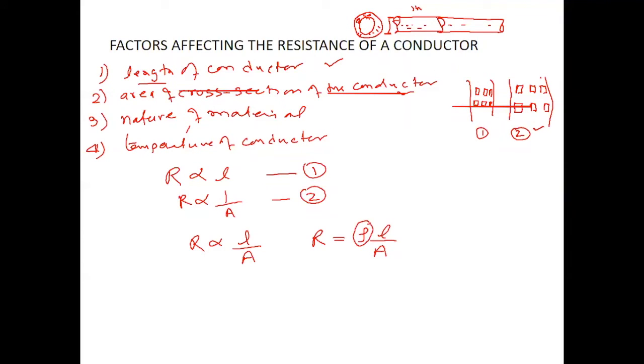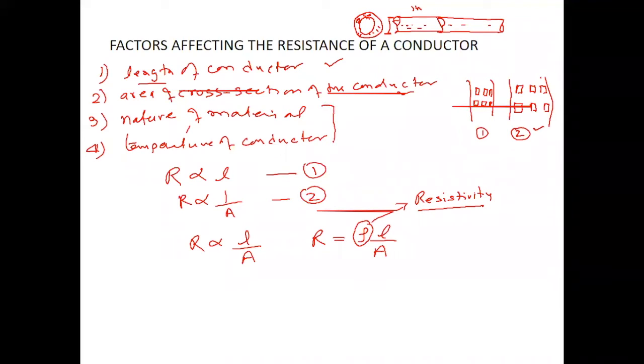This constant is called resistivity, and resistivity depends on the temperature of the conductor and the material of the conductor.